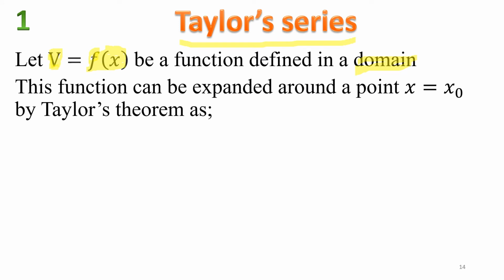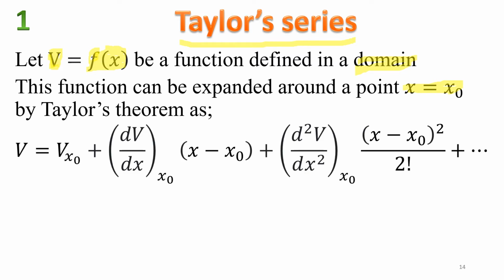This function can be expanded around a point, say x equal to x0, by Taylor's theorem, and that is, we can write V is equal to V at x0, that is V(x0), plus the derivative of V with respect to x. So V is a function of only x, so I am not using the partial differentiation sign here.